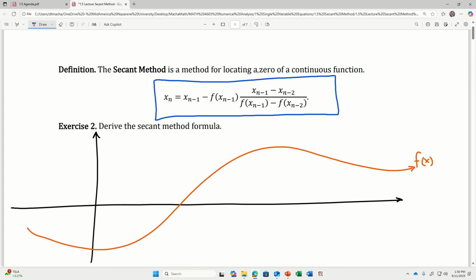So what happens in the secant method is that we have to choose two initial iterates, not just one.